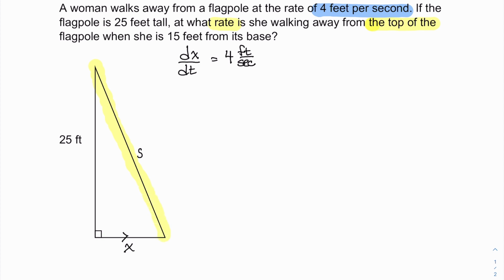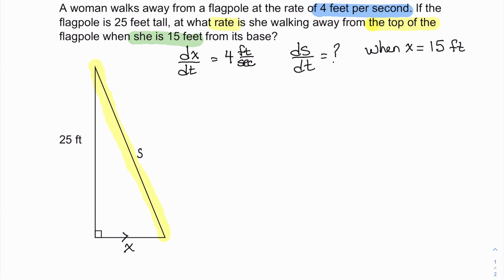So that is the rate of change of s. So ds/dt is what we are looking for. And we're looking for that when she is 15 feet from the base. So that's when x is equal to 15 feet.